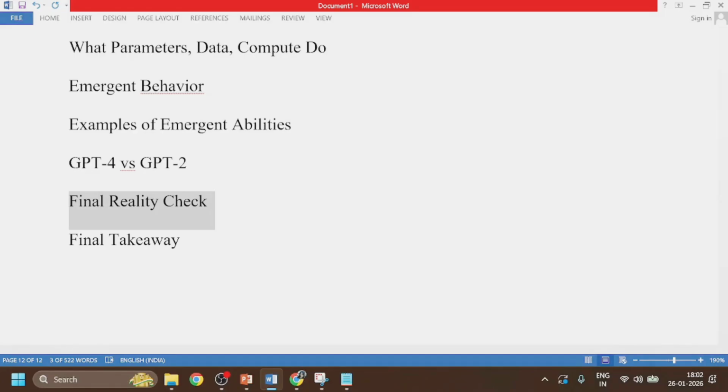They can hallucinate, and they rely entirely on learned statistical patterns. Final takeaway: transformers work because of attention. They scale because of data, parameters, and compute, but they are still pattern learners, not thinkers.